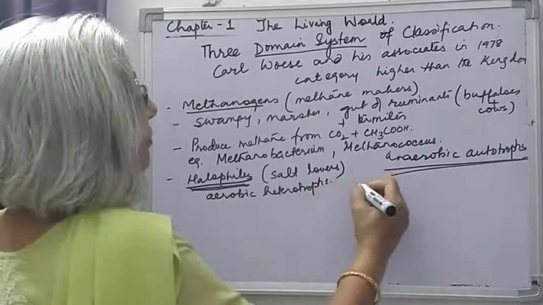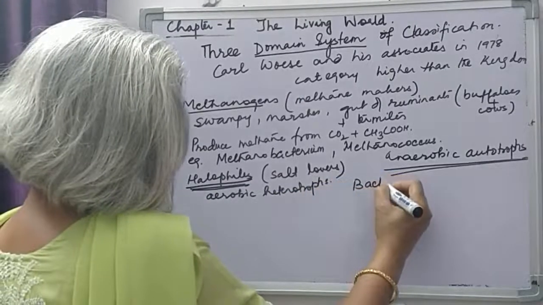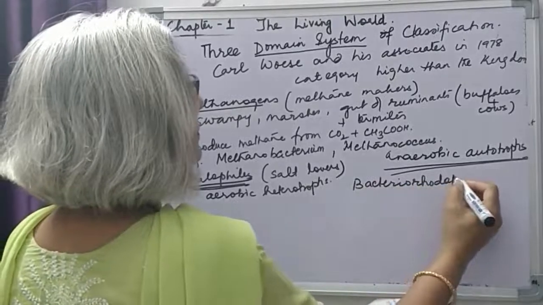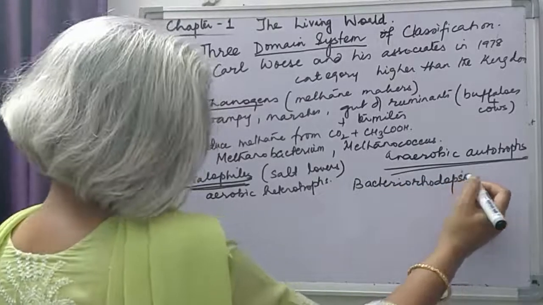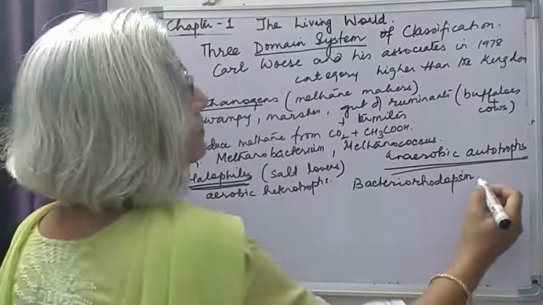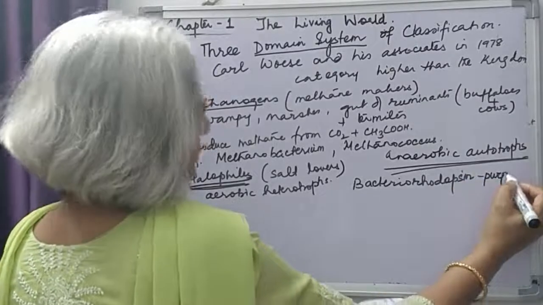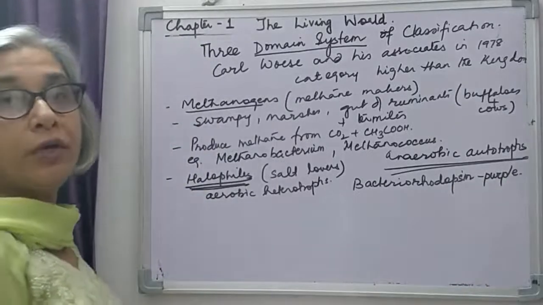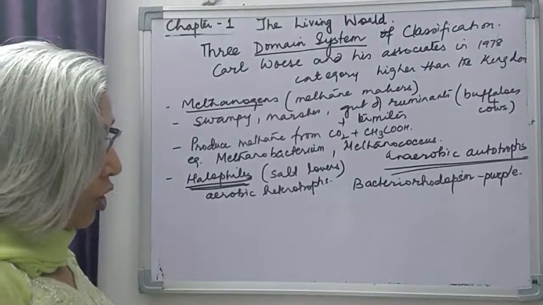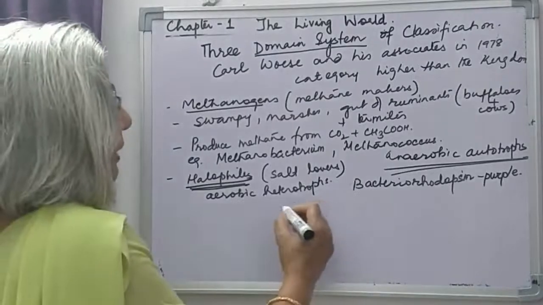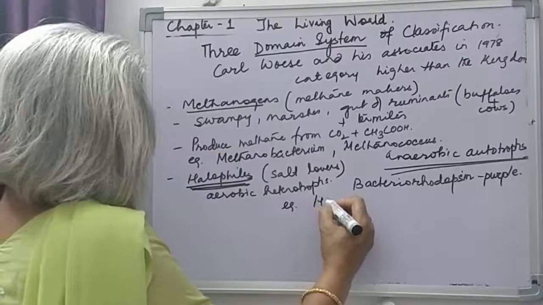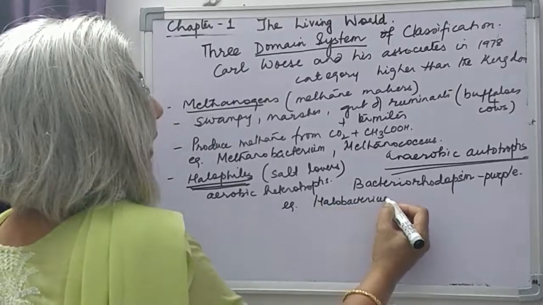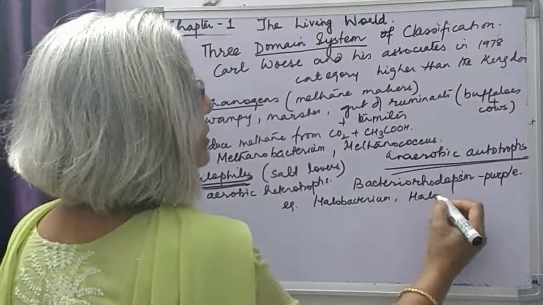And they have the pigment bacteriorhodopsin, which is purple, and they harness the solar energy from strong sunlight. And examples of these are halobacterium and halococcus.